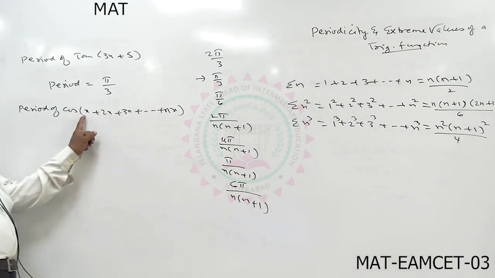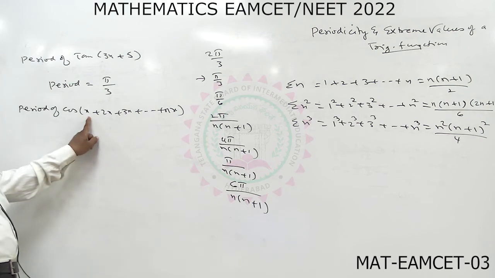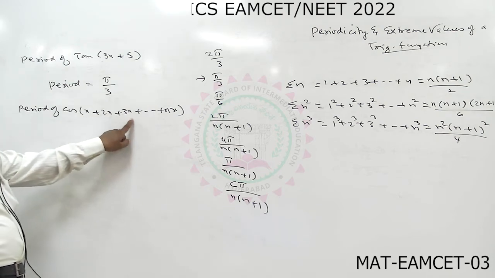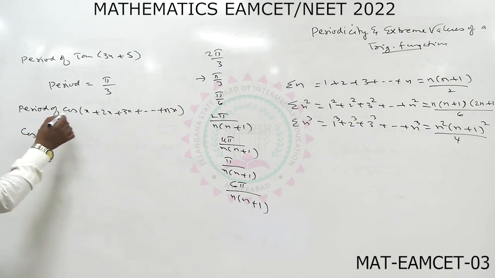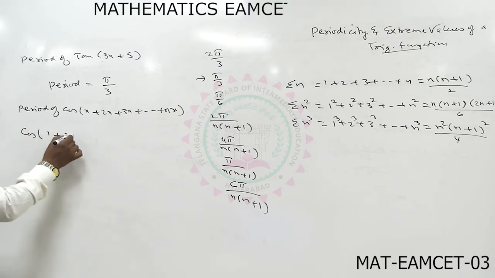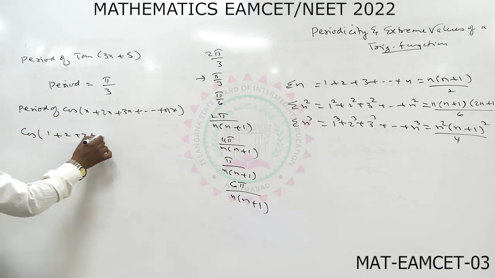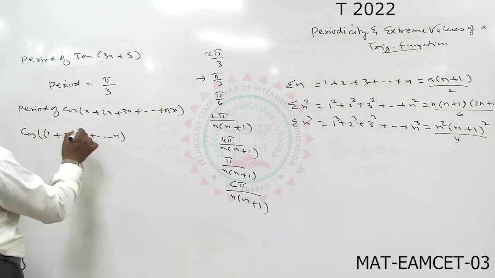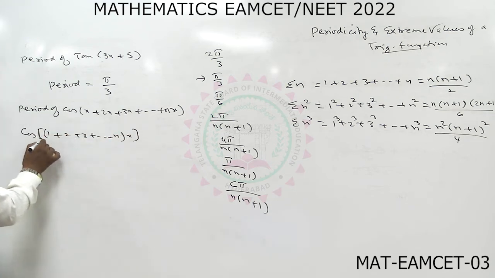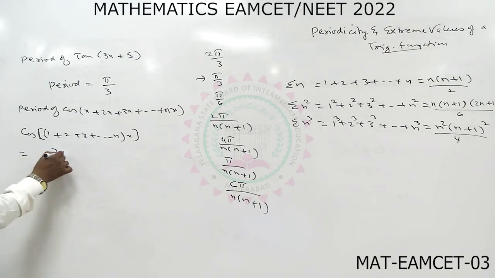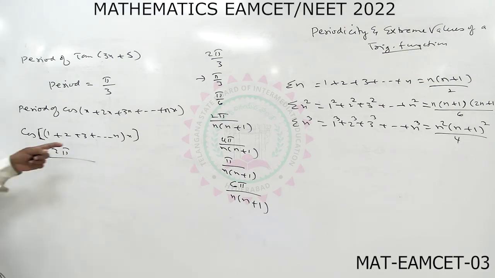So if I compare with this, it is nothing but 1 plus 2 plus 3 up to n. So cos of this can be written as cos of 1 plus 2 plus 3 up to n, into x, right? So what is the period of cos? 2 pi, that is 2 pi divided by the coefficient of x.